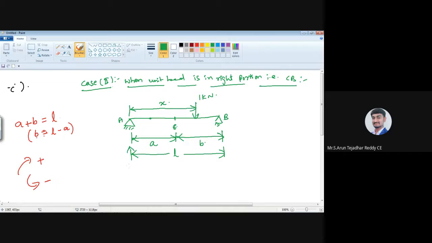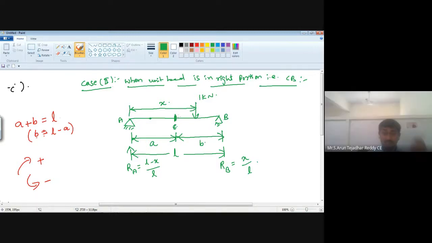Now here we have RA as L minus x by L, and here we have RB, that is x by L. Now find out the moment at C in the right portion also. So in this second case also, consider a section XX.